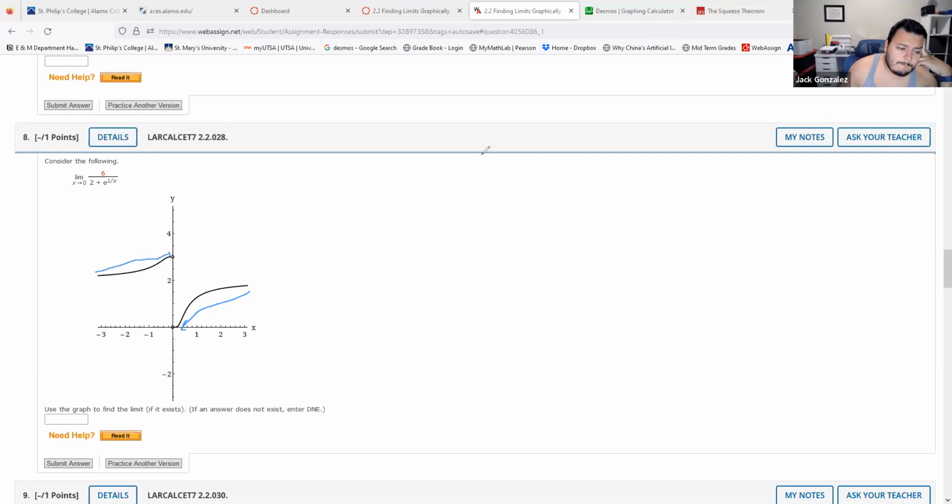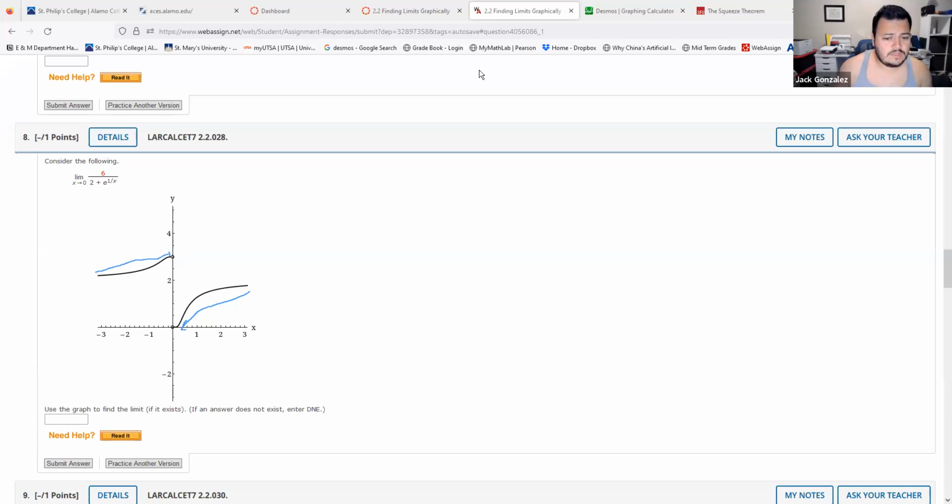What does that mean? Maybe it does not exist. Yeah, they have to go to the same place. The left and right must be equal. Otherwise, there is no limit. There are single-sided limits, which we'll talk about in a different chapter, but there is not a regular limit.